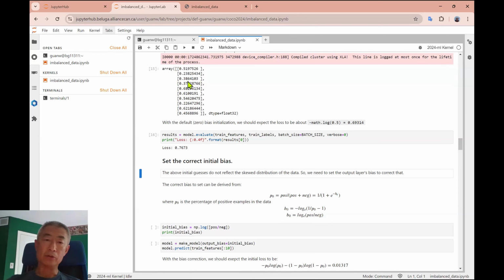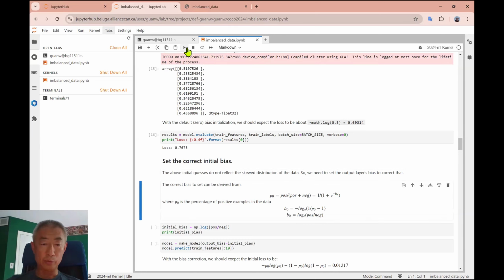Most of the data samples are negative, but here it is half. So we want to change that. There's some math. We do the inverse of the calculation. We know that the bias b0 should be the logarithm of the number of positives over the number of negatives.